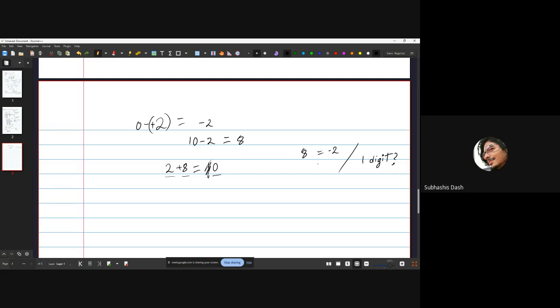Think about it. 2 minus 2 is going to result in 0. And as we discussed over here, 2 plus 8 results in 10. But if we are unable to see the tens place, then 2 plus 8 also results in 0.